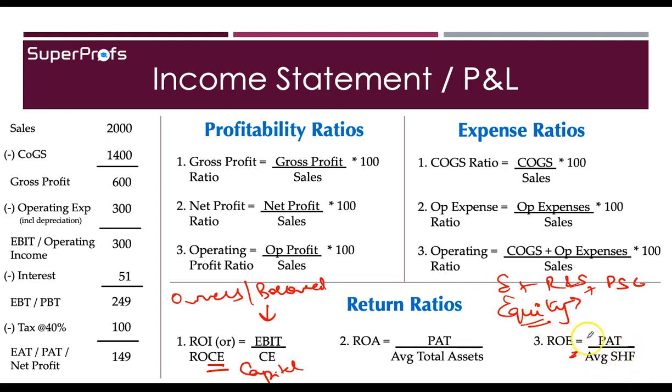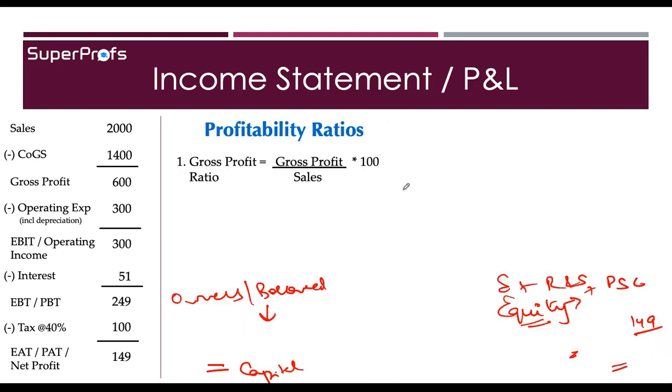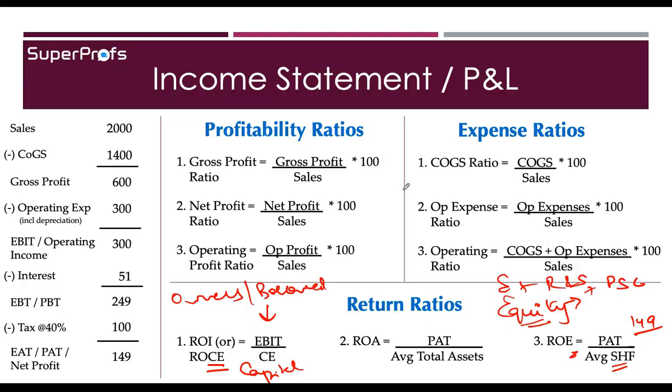So you will take your profit after tax, that is the net profit, and average shareholder fund, which was, as you can see, equity share capital plus reserve and surplus plus preference share capital. The value was 200 lakh rupees. So this will be your return on equity.